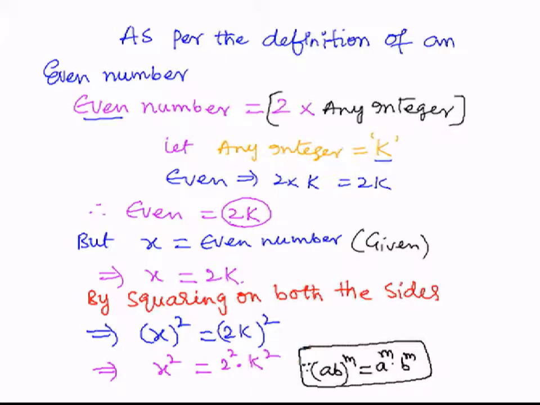Then x square equals 2 multiplied twice, 2 2 is 4, and k square, so x square equals 4k square. In the next logical step I am going to split this 4 as 2 into 2.